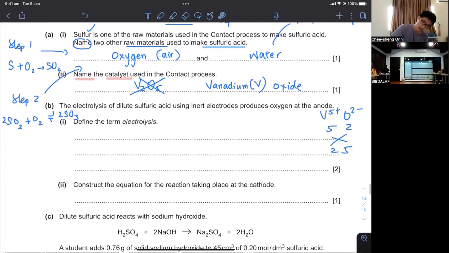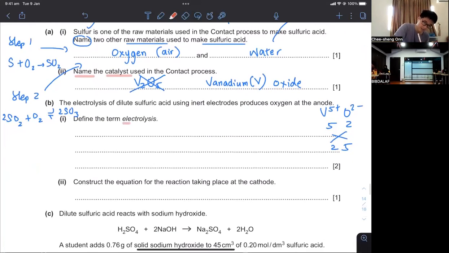All right. Now, define electrolysis. Definitions like these are the ones that students complain about, asking why in the world did they ask me random stuff like this? It's not random, it's in the syllabus. Lysis means to break. Electro means to use electricity.